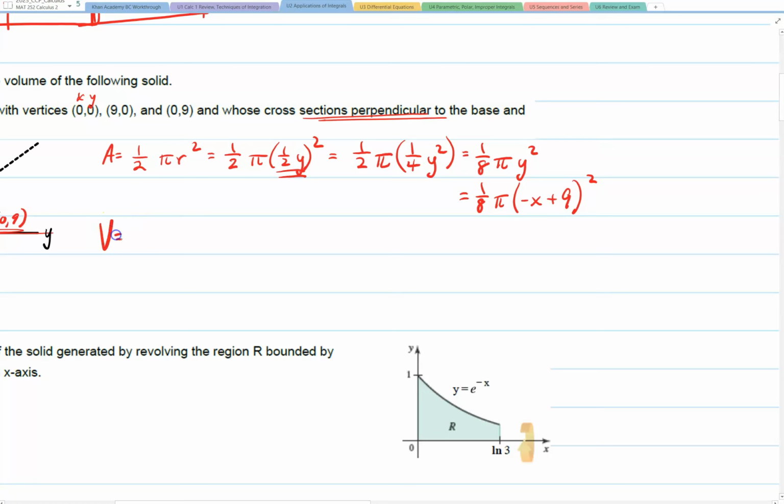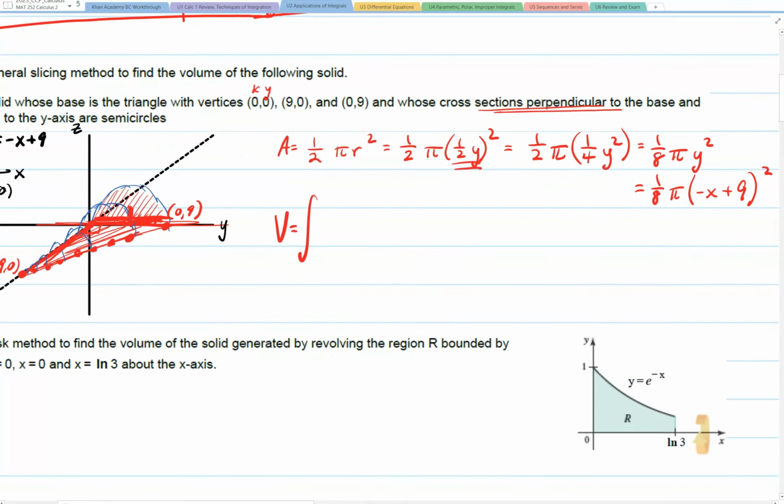When it comes to our volume, we do want an integral between two boundaries. And here again, I'm trying to think about the cross sections that are used to develop the three-dimensional shape, and it looks like each individual cross section lives in an x coordinate or an x position. So I think developing an integral with regard to x would be appropriate here.